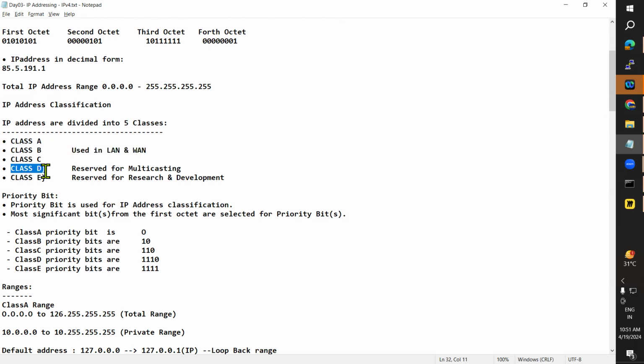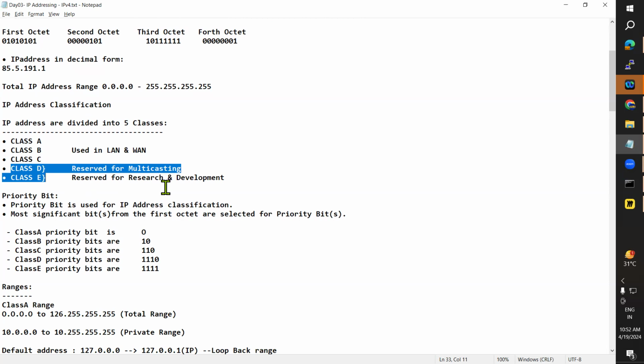So what about class D and class E? These 2 classes we are not using in any organizations. Class D is reserved for multicasting, and class E is reserved for research and development. These 2 classes are used in research and development firms.